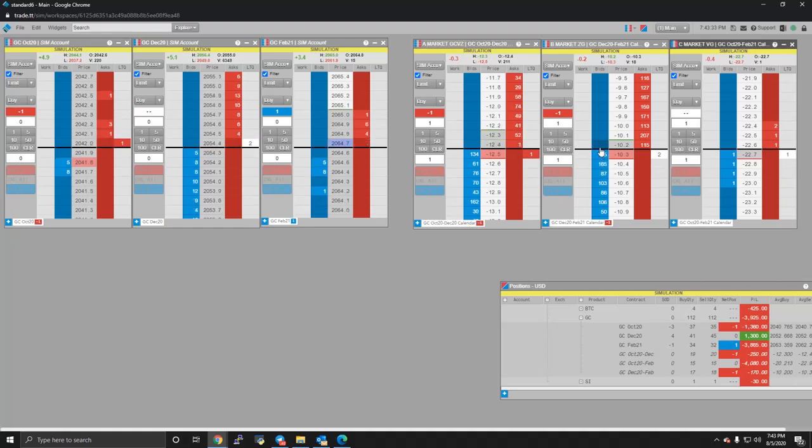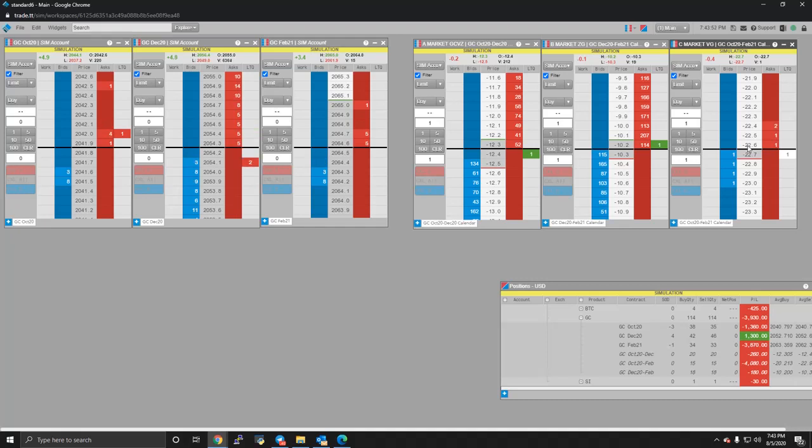If I exit my B market position, I'm now just left short the A market because A plus B equals C. So that's how we can grasp A plus B equals C. Feel free to rewind that as many times as necessary.